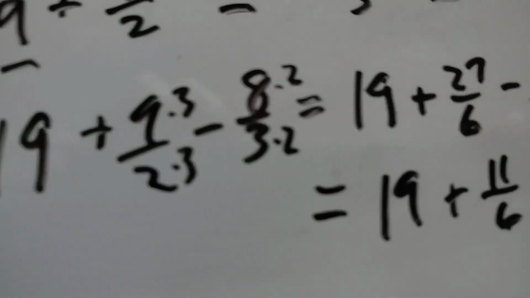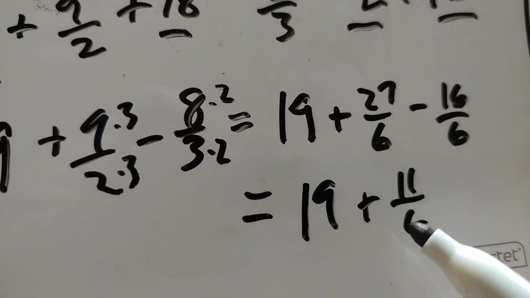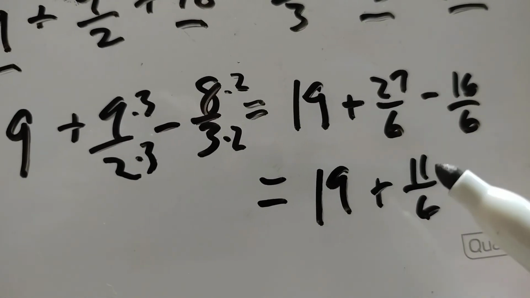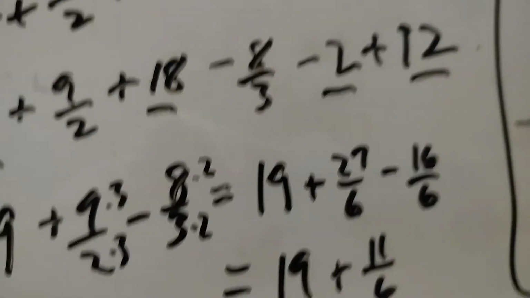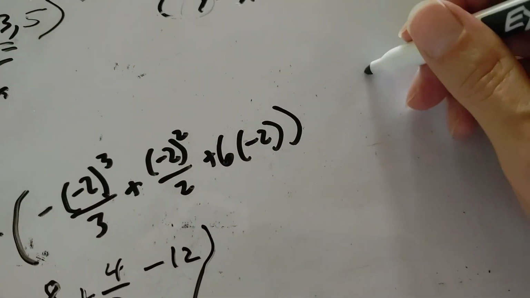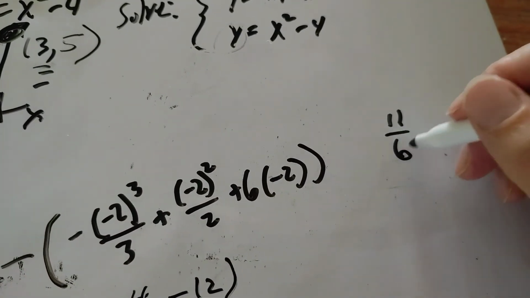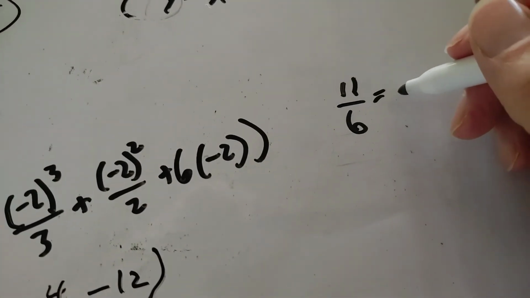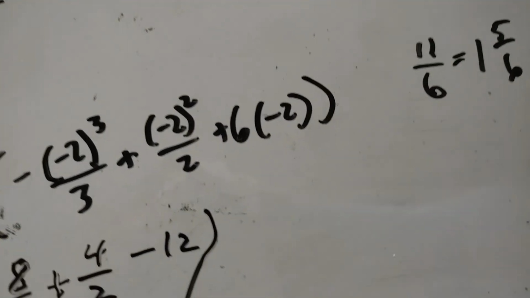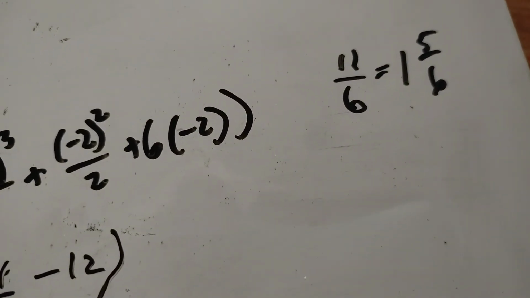And then the way I would do this is I would rewrite 11/6 as a mixed number. So how many times does 6 go into 11? 11 divided by 6. 6 goes in 11 almost twice. It goes in only once with 5 left over. So as a mixed number, 11/6 is 1 5/6.